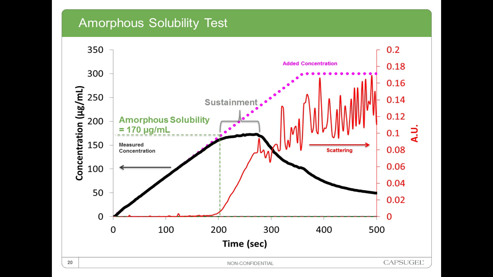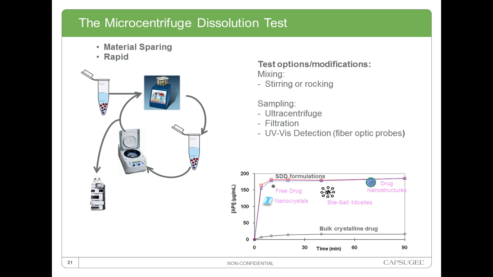That's telling us that the actual dissolved drug concentration is not changing even though we're adding more drug, because all of the extra drug is going into this second amorphous liquid or solid phase. Then at some point, we see that the concentration starts to drop and the scattering gets very noisy, and that's indicative of crystallization. In this particular case, we've seen crystallization after about 80 seconds or so of sustainment at the amorphous solubility.